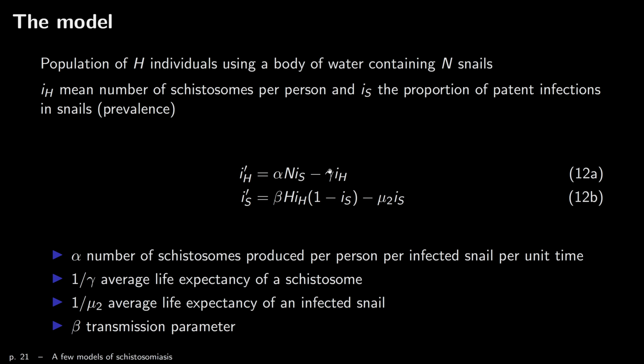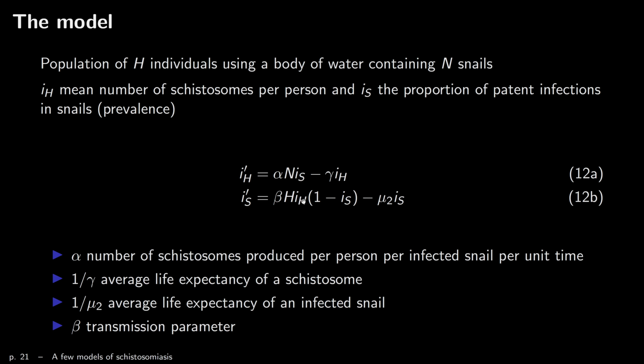Okay. And the number of schistosomes per person diminishes by the average life expectancy of a schistosome. Okay. And now the proportion of patent infections in snails increases based on a transmission parameter, the number of humans times the mean number of schistosomes per human.